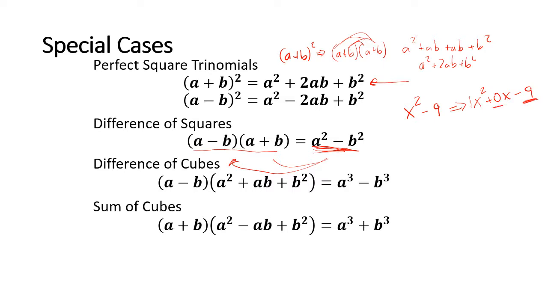The only two numbers that do that would be positive 3 and negative 3. So you would say x squared minus 3x plus 3x minus 9. That is why this negative 3x and positive 3x add together to be 0, giving x squared minus 9.